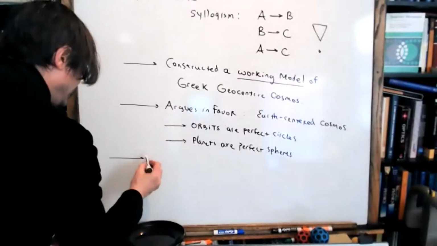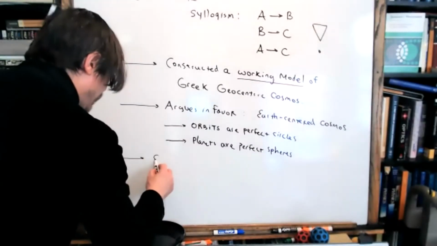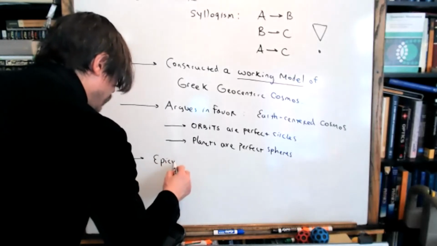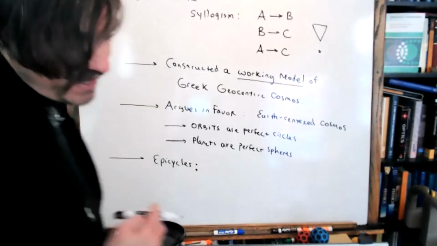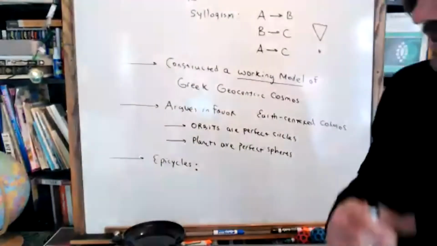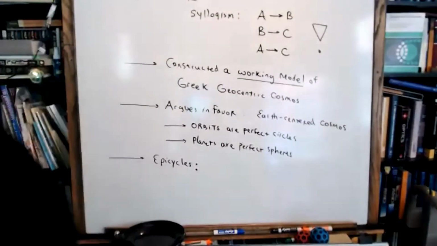So with his friend, he developed the use of these things called epicycles. And once again, this is going to make it sound like I'm saying he invented the epicycle. He didn't actually do that, but he used them, and I'm not going to get into the details too much more than that.